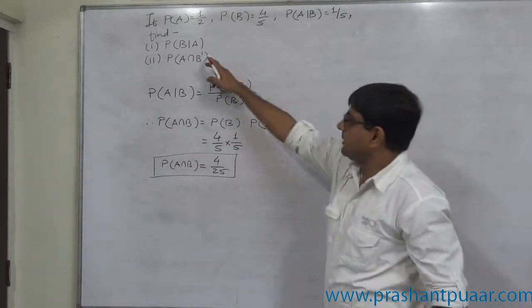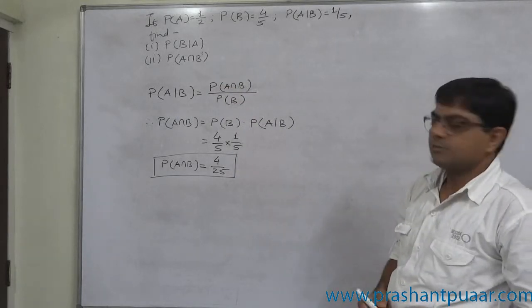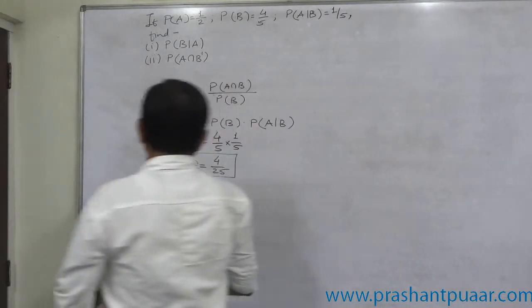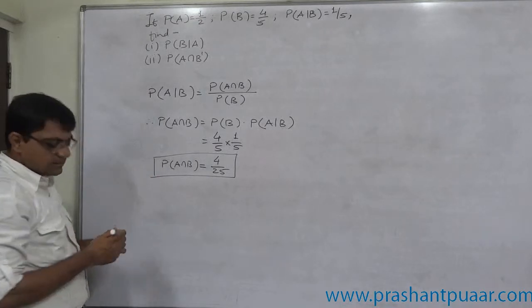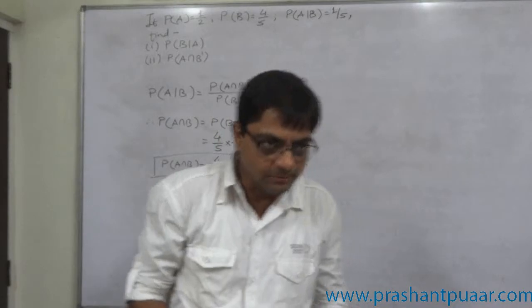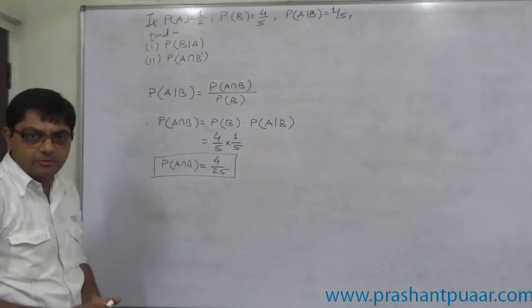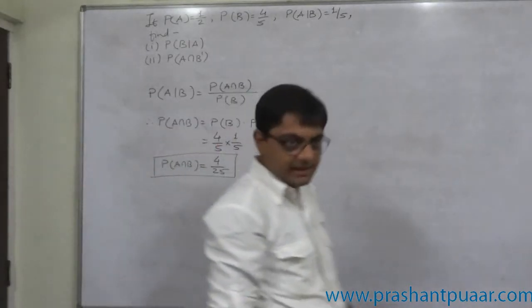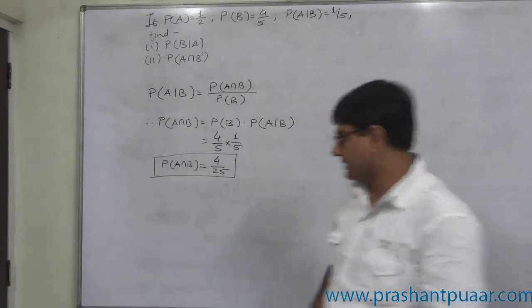Now we can calculate P of B given A as well as P of A intersection B complement. Remember that this is not a case of two independent events, because we don't know the relationship between A and B, so we cannot assume that A and B are two independent events.